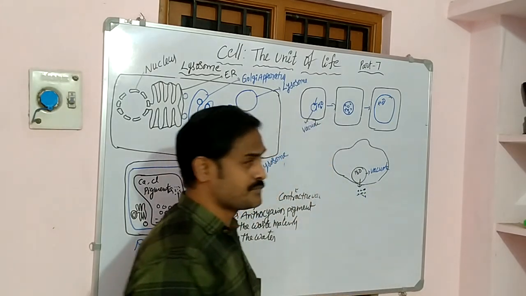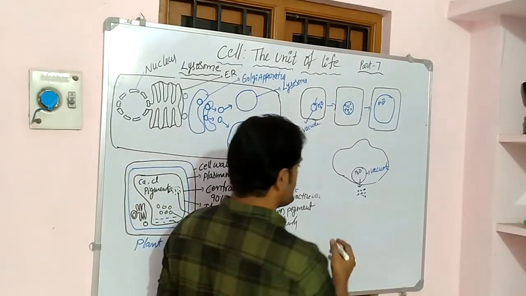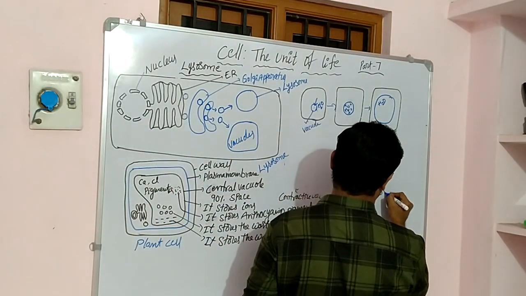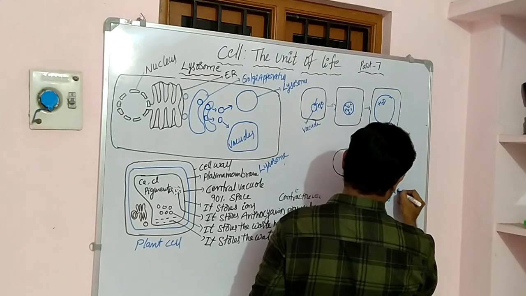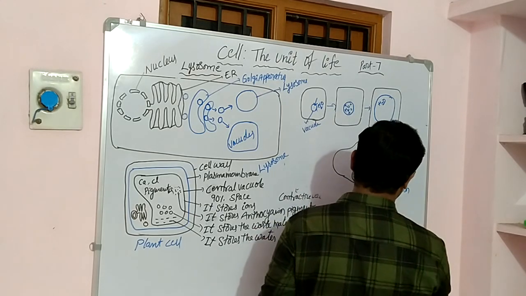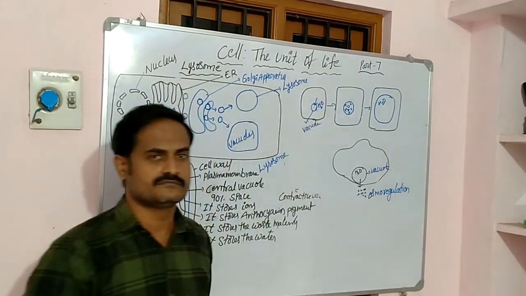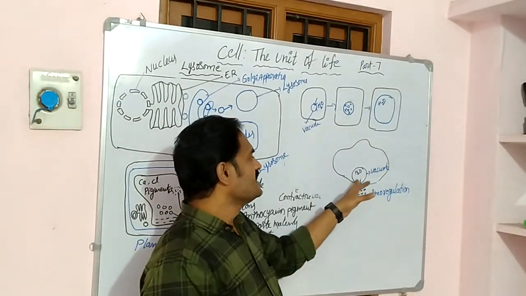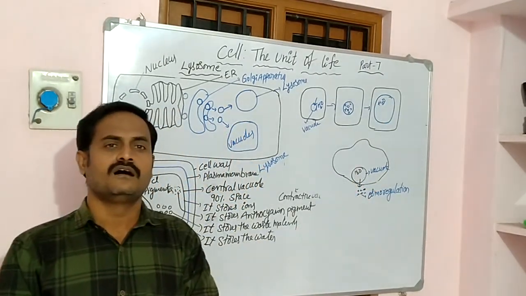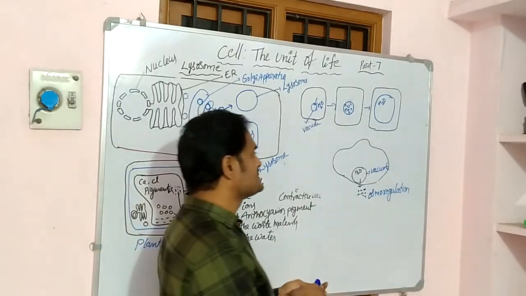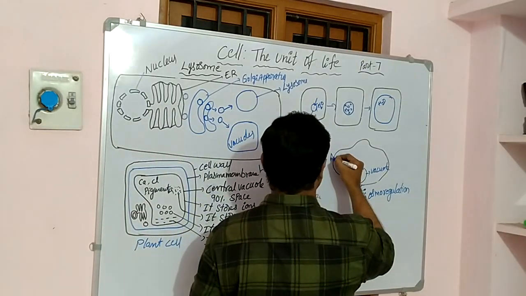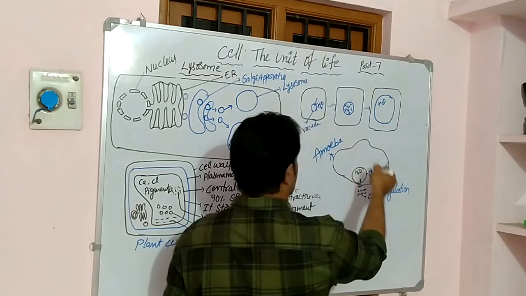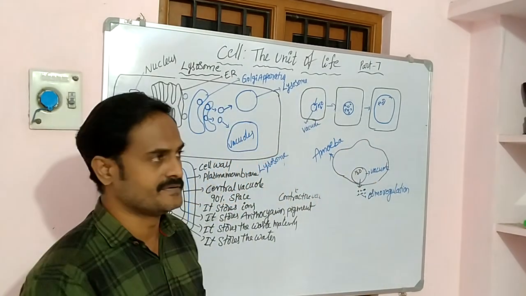This kind of process is called osmoregulation. Osmo means water. Regulation means balance. So which cell organelle balances the water present in the amoeba? Which cell organelle? Vacuole. Remember that.